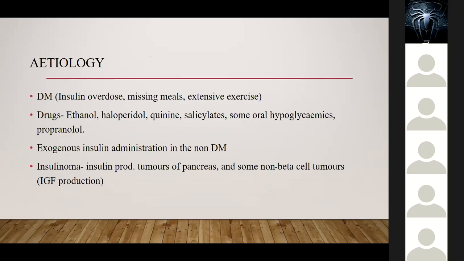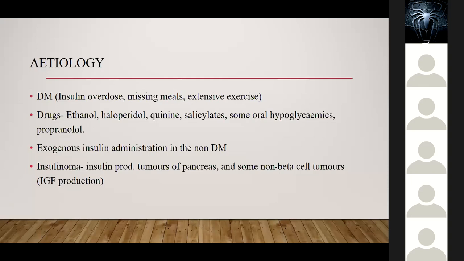So etiology. If you have a diabetic, which we've just talked about, your DM patients who overdose insulin, as we talked about, insulin would inhibit gluconeogenesis and glycogenolysis. So if they overdose insulin, or they take an insulin shot and they miss their meals, all of these things will lead to a diminished blood sugar level, or they go and exercise extensively after even taking their insulin.